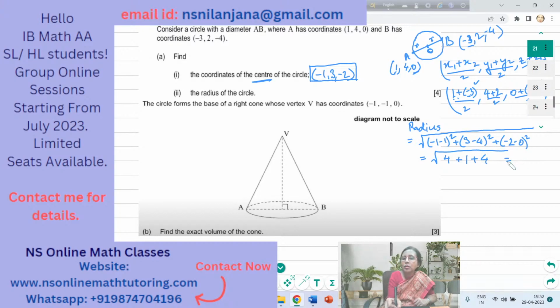This is equal to 4 plus 4 is 8 plus 1 is 9. So it is root 9. Therefore, the radius of the circle is 3. I don't know the unit, let me write it as 3.